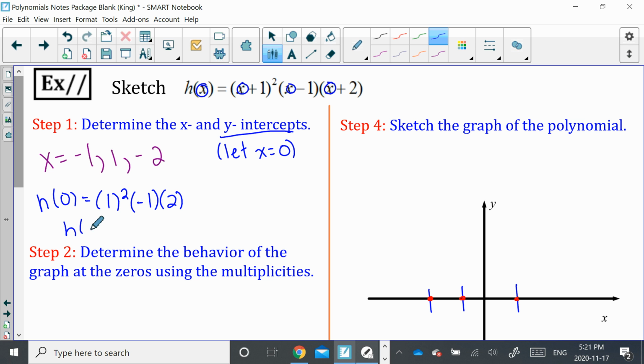So h of 0 is 1 squared, which is just 1, times -1 times 2, and that gives you -2. So at x is 0, y is -2, and the y-intercept is at -2.